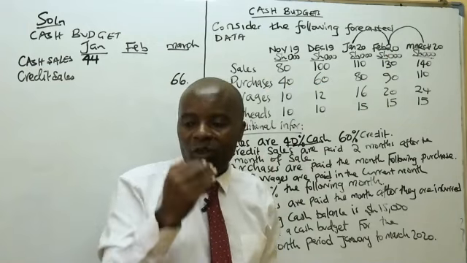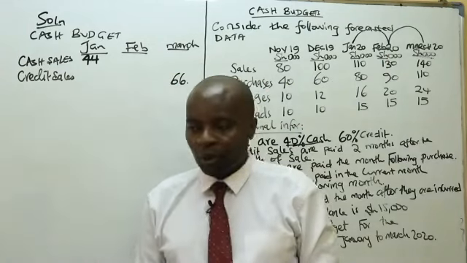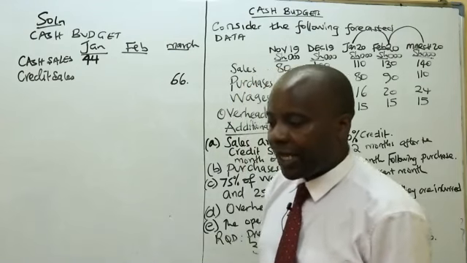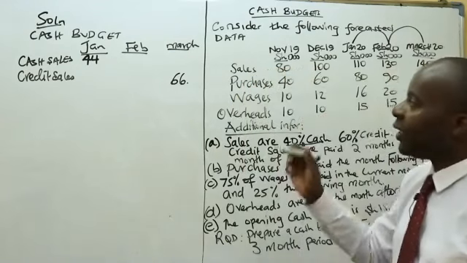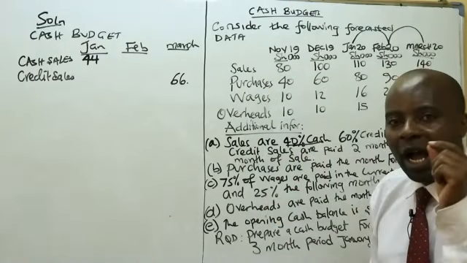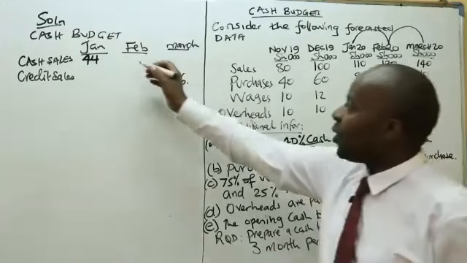Somebody talk to me, as usual. As usual, I would expect you guys to come in. So 40% of 130, that will be received in the month of February, and they're giving me a figure of 52.